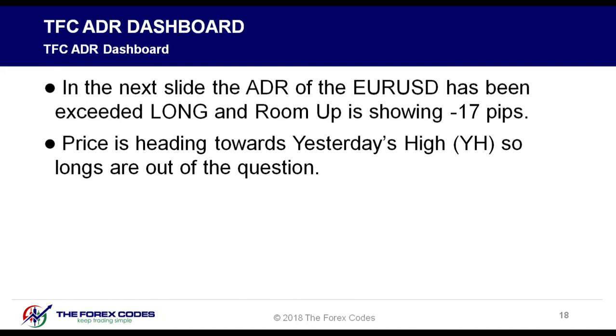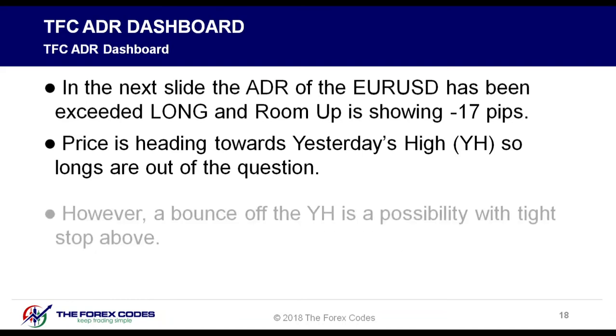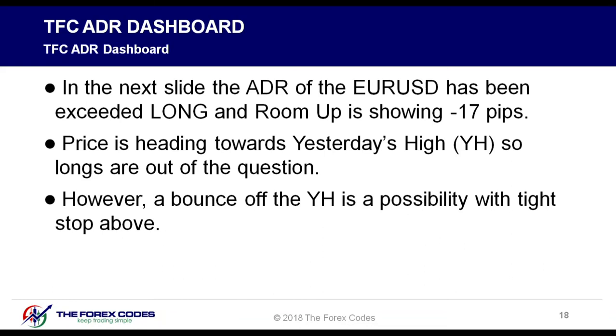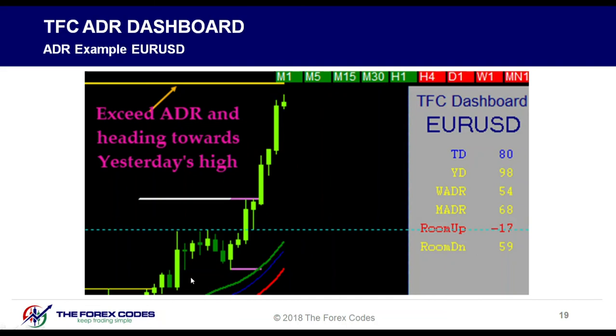So longs are out of the question here because it's heading for yesterday's high, which is going to be resistance, and the room up is -17, so it's exceeded its average daily range by 17. So a bounce off yesterday's high is a possibility with a tight stop above. And you can see the euro's on a roll. There's yesterday's high. We've exceeded the ADR and we're heading towards yesterday's high.